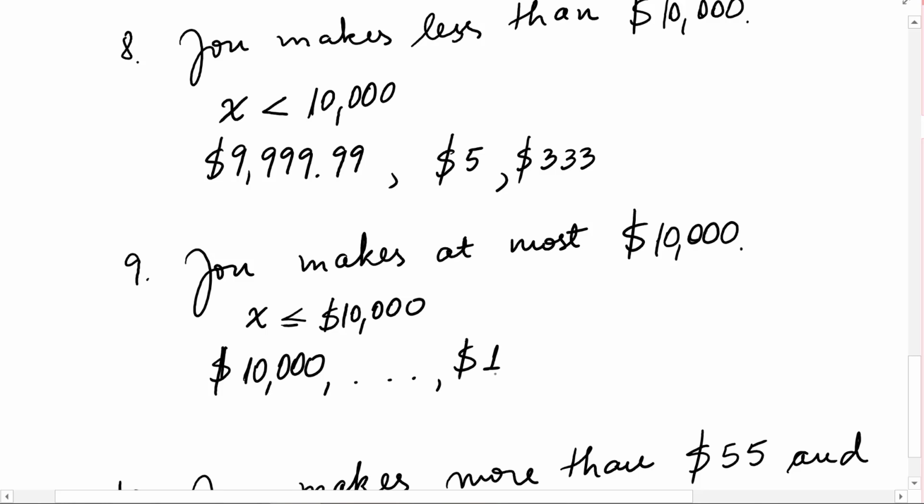But at most 10,000 means he's not making $10,001. 10,000 is included. Here it's not included, while here it is. And the key to decide when to include it and when we don't include it is the inequality symbol.